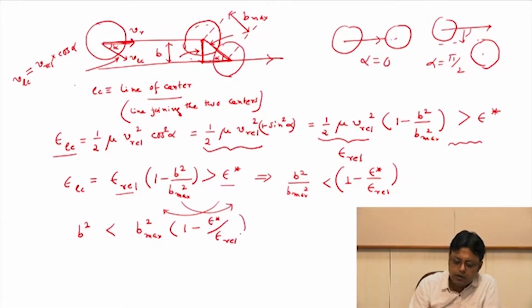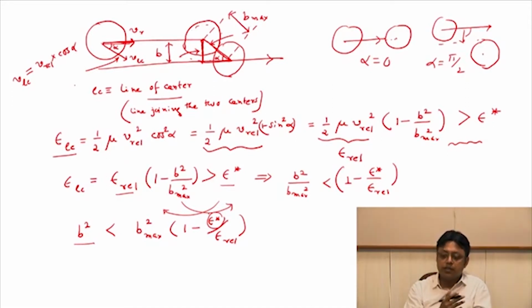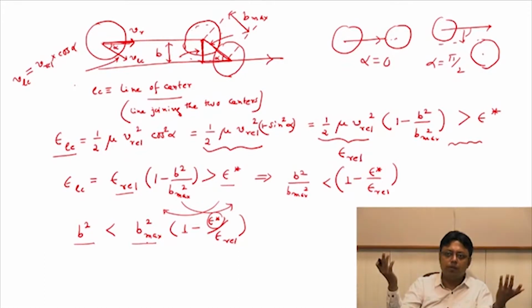If epsilon star is 0, which means there is no activation energy, then the only criterion is that b has to be less than b max. So any collision will give me a reaction. So b goes from 0 up to b max, and all these collisions will give me a reaction.